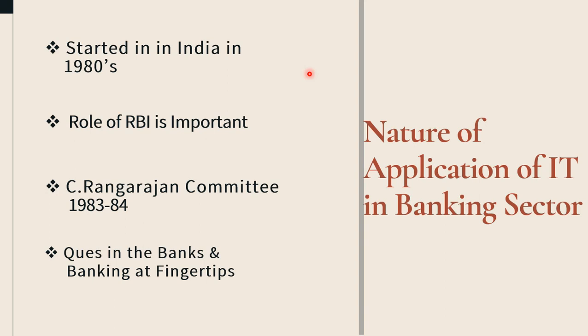So this is the process of bank computerization, or the application of information technology in the banking sector, in a broad sense. These are the two important points to be noted down: the computerization process of a bank in a narrow sense, and computerization of a bank in a broad sense.